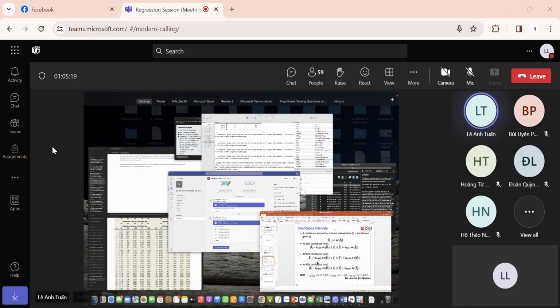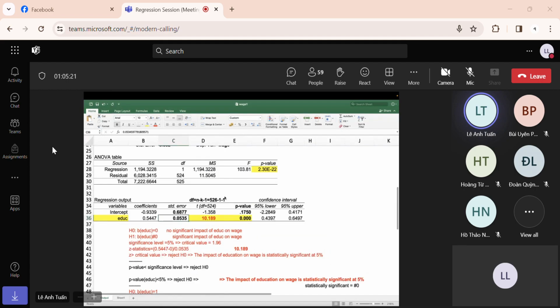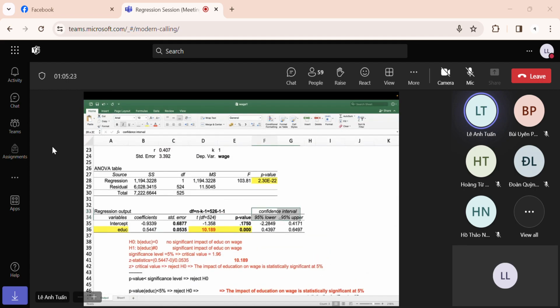So, okay, see the result. In this result, they offer us the 95% confidence interval, and you know how to calculate this one.